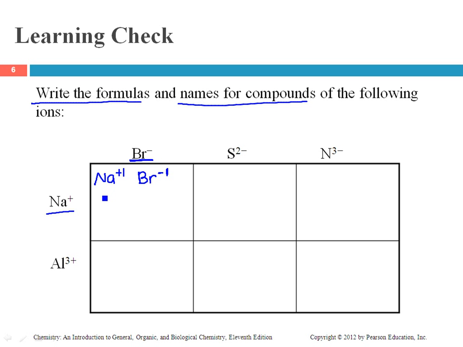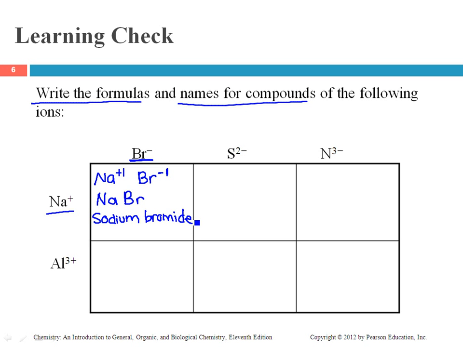So 1 + (-1) equals 0, and we're only going to need 1 atom of each. So our subscript is an understood 1 for both our metal and non-metal. Now if we want to write the name, Na corresponds to sodium, and Br is bromine, but we end in IDE.